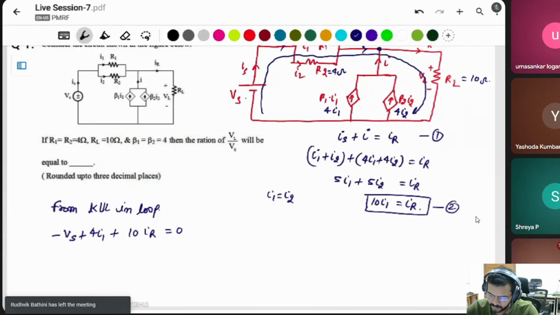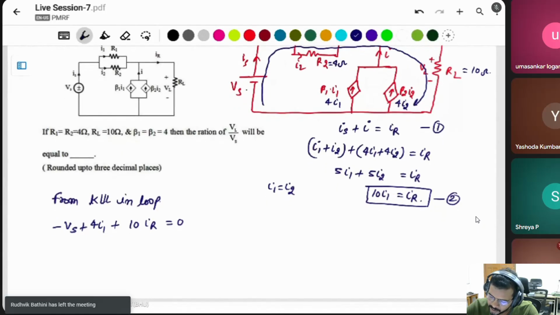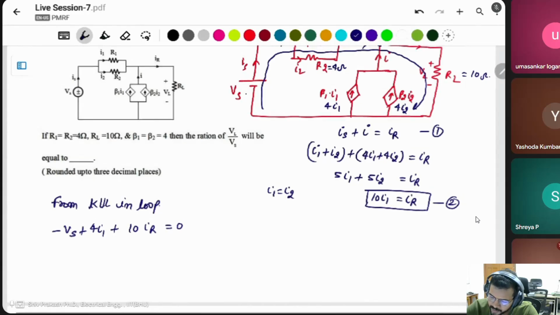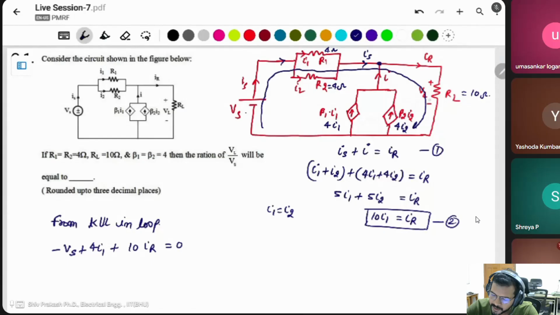Where is 10 IR? Okay. And what is VL? VL is the voltage drop on RL. VL you can say as IR into RL.